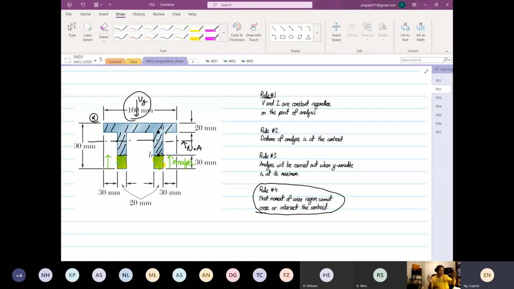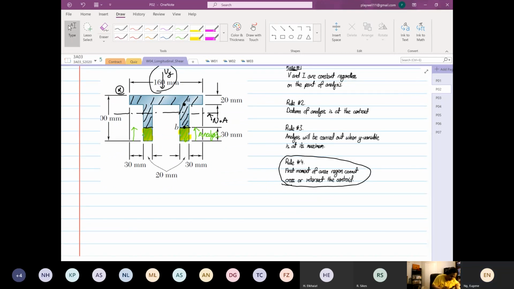I picked this example deliberately for this reason. So we are going to find the shear xy at point B. The formula is still the same, Vy over Izz, Qz multiplied by t.